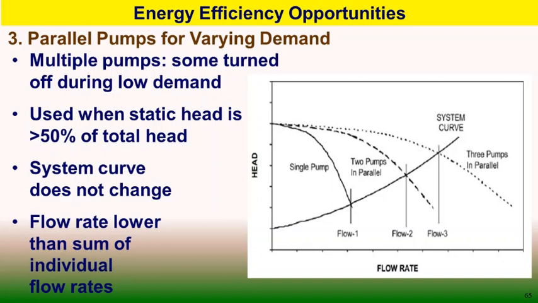When demand is increasing we are running more pumps in parallel. Pump curves for single pump, two pumps or three pumps in parallel are adding up the flow rate, but the system resistance or system curve is not changing. Naturally we are getting more flow across the system and discharge head remains the same.